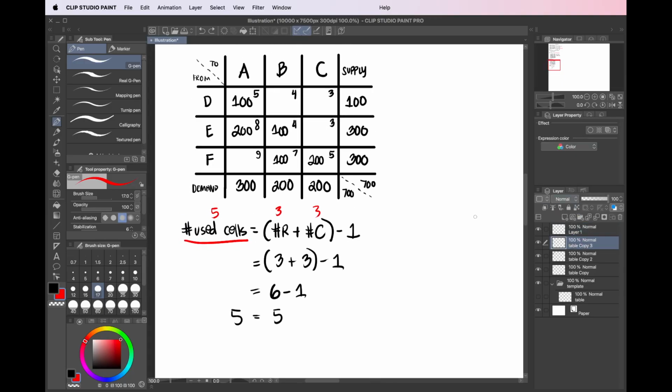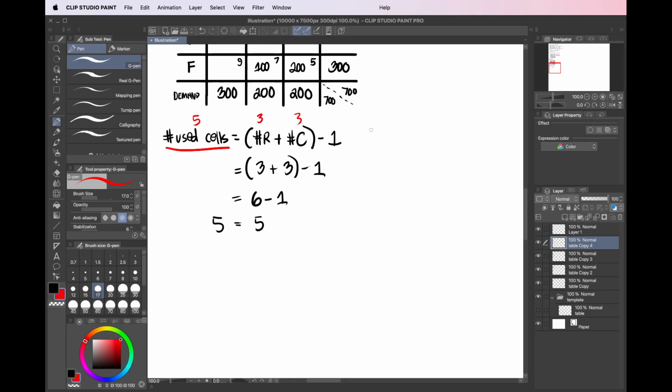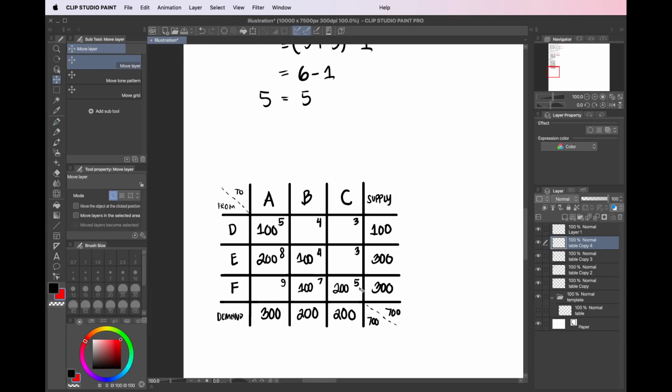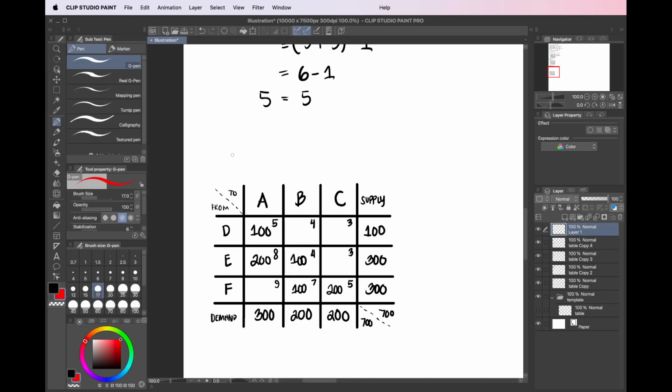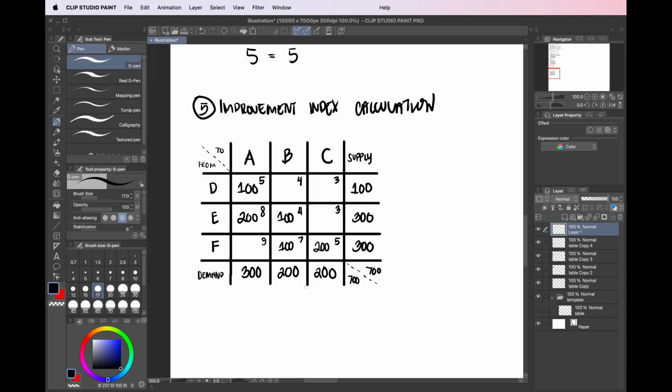Anyways, let's copy this table again for the next part. We would now be moving on to calculating the improvement index. Alright, improvement index calculation. So how do we do this?